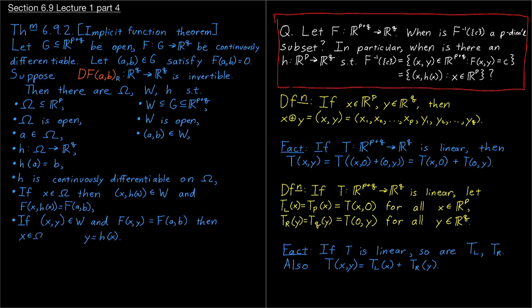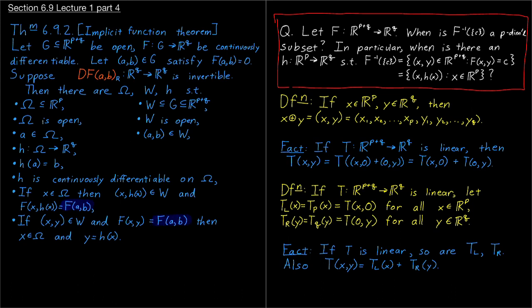I suppose in this case, I should specify x is in omega and y equals h(x). I said F(x, y) equals 0, F(x, h(x)) equals 0.